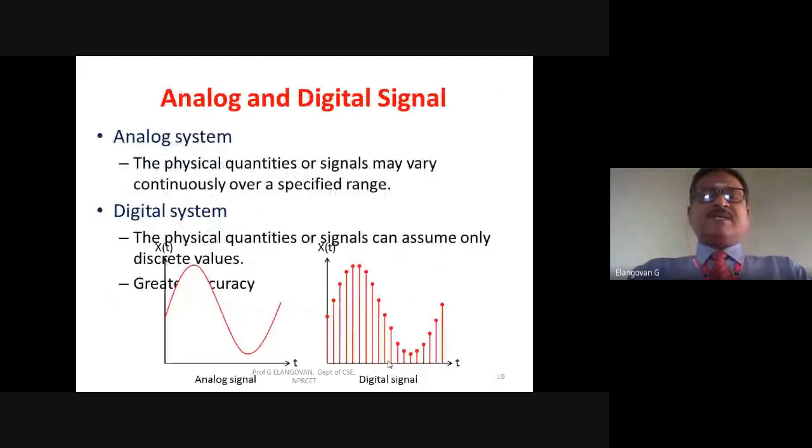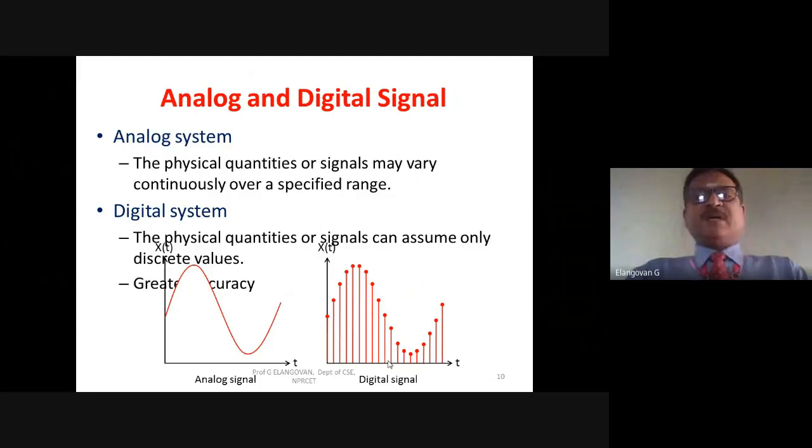Once we are talking about digital signals, the physical signals we have are analog in nature. As I mentioned, pressure, weight, humidity, speed, velocity, this kind of thing is all analog in nature. Even the electrical signals are analog signals by nature.